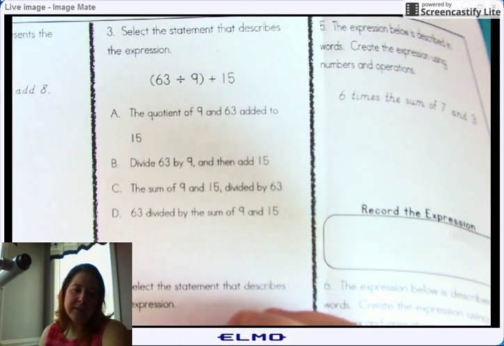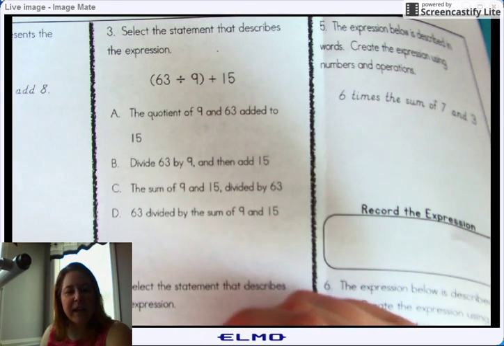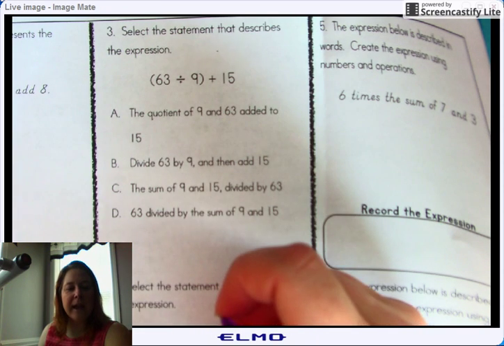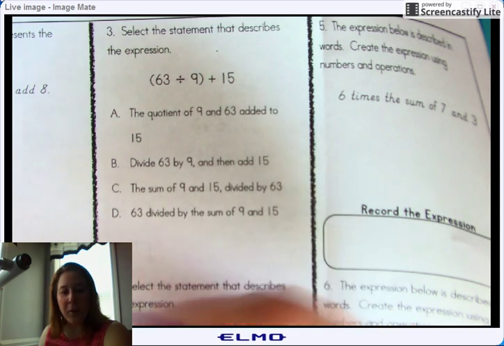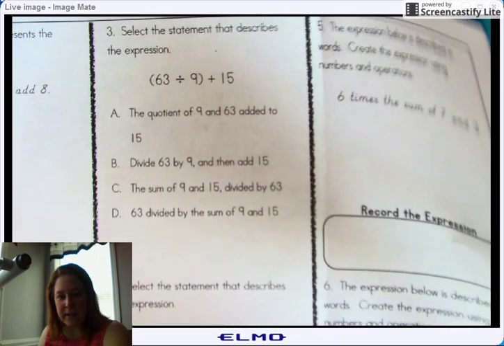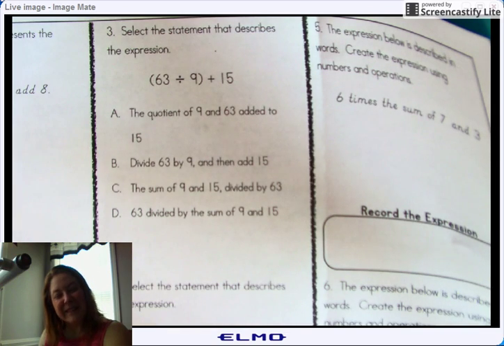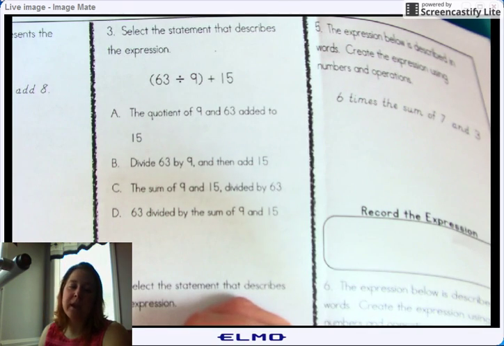So take a moment. I can see there possibly being 2 answers, but look at the wording and you're going to see that one might be a little too easy and the other is using the correct terminology. So I'm going to give you a hint.